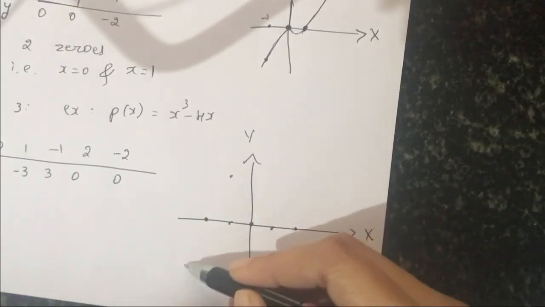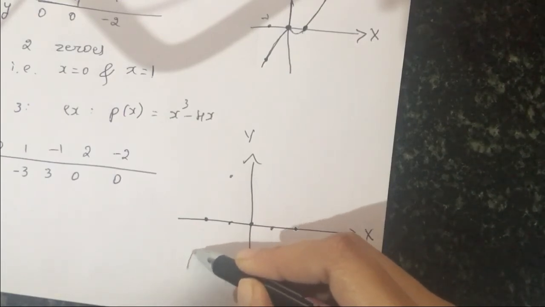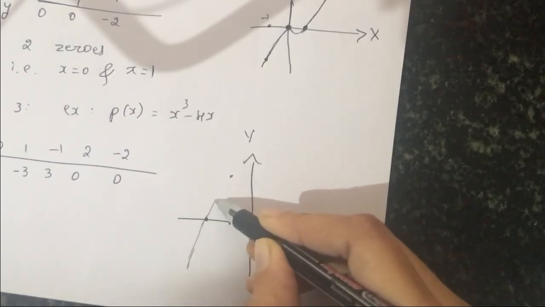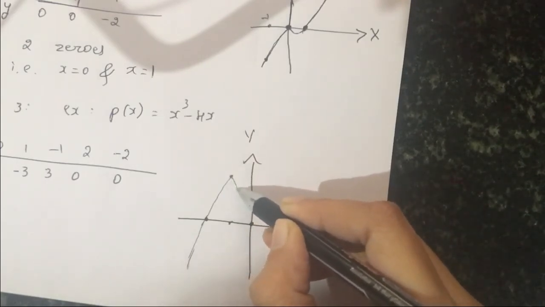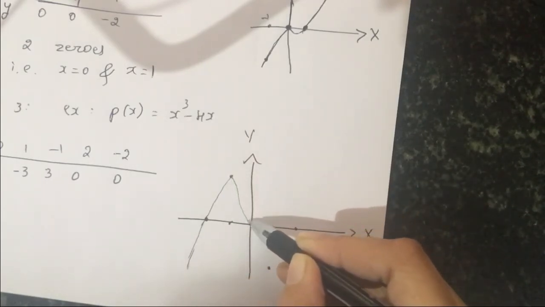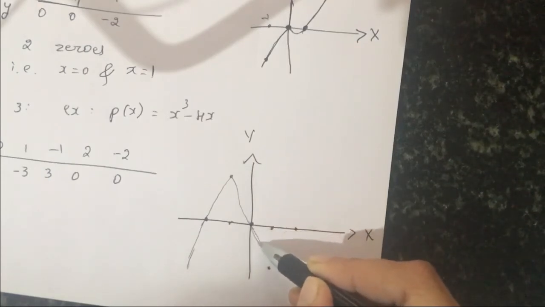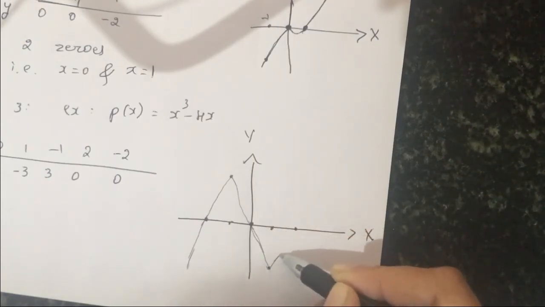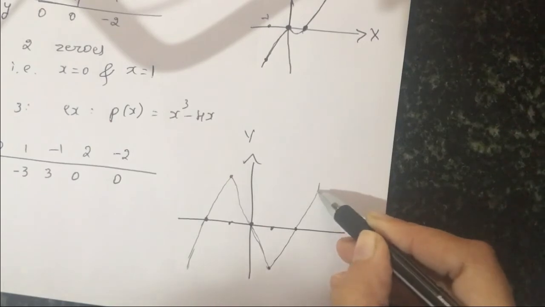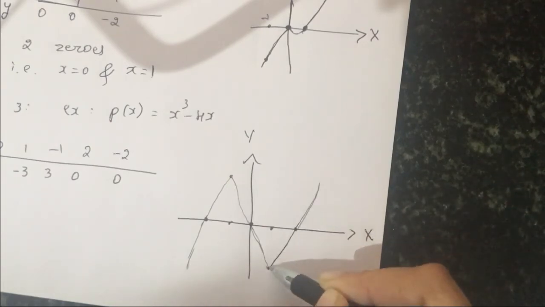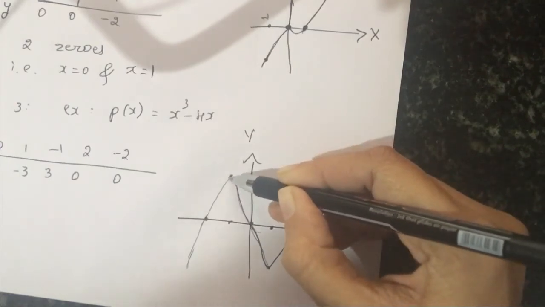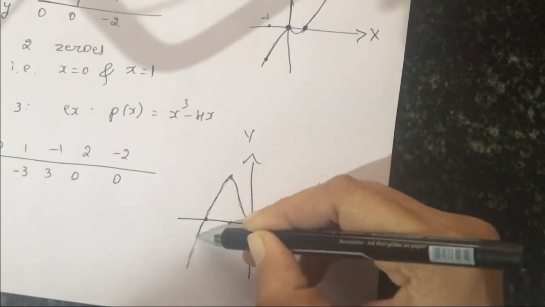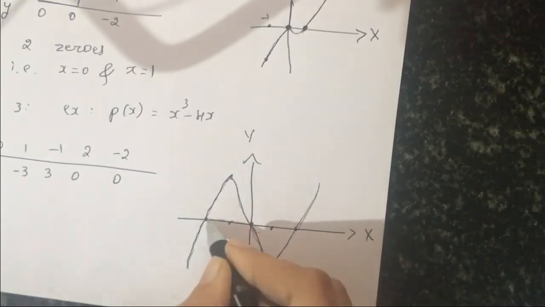So the curve goes something like this. Not a straight line, okay? Okay, this is the curve.